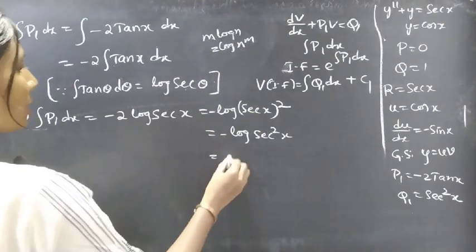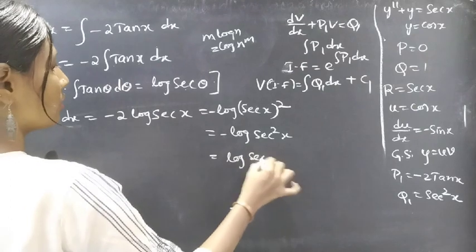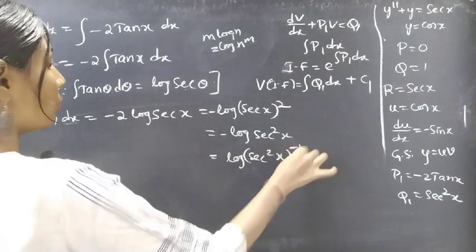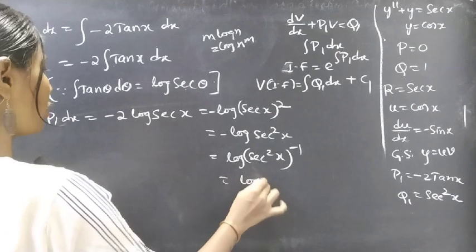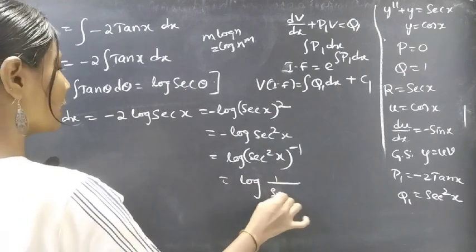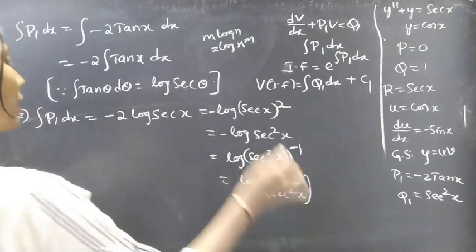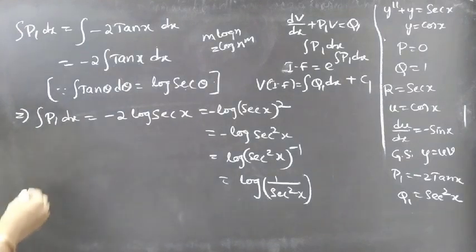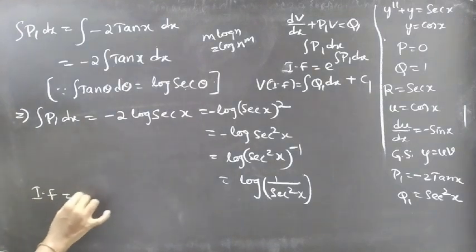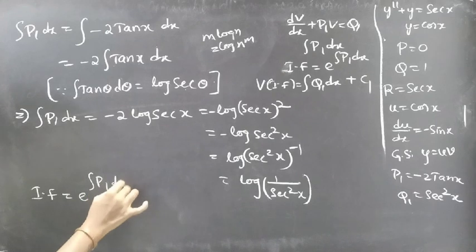Again, by applying this we get log of secant square x whole inverse, which is equal to log of 1 by secant square x.